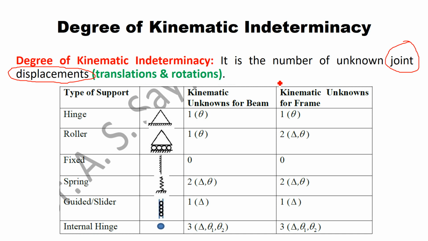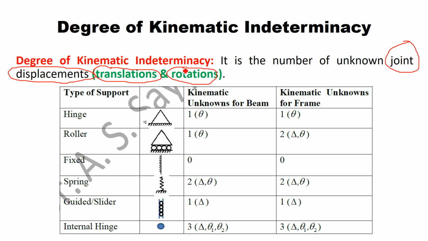Movement means that the joint may shift or displace towards the right or vertically. In a single word, horizontal displacement and vertical displacement are called translations. And the joint may rotate, be subjected to rotation. So it is called rotation. So horizontal displacement, vertical displacement or rotations are called joint displacements.